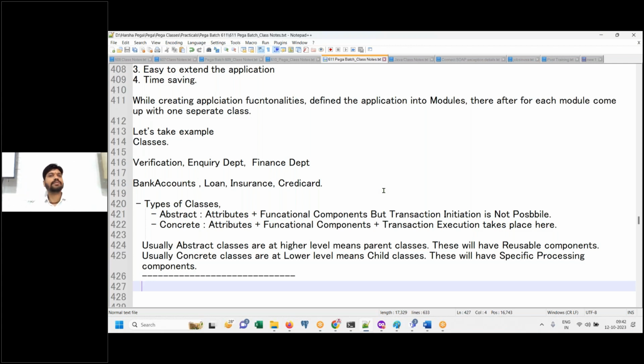Divisions are also abstract. No business will be running there. Unit levels are the ones where transactions get initiated. I told you, unit levels are all concrete. So abstract classes are at the higher level, and at the bottom, where transactions get initiated, that is where concrete classes usually start. Okay. What is the next point?